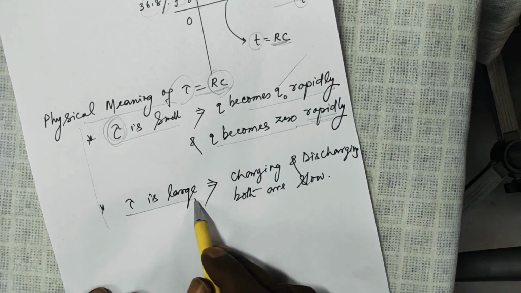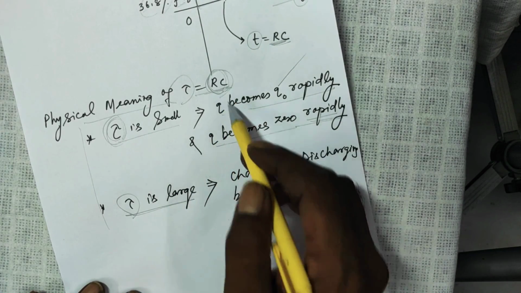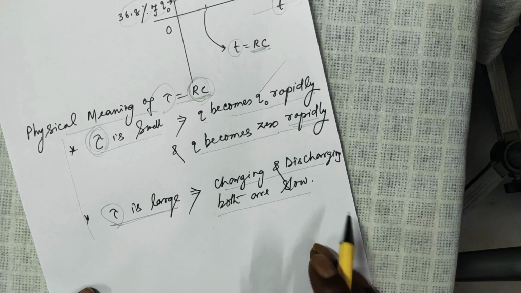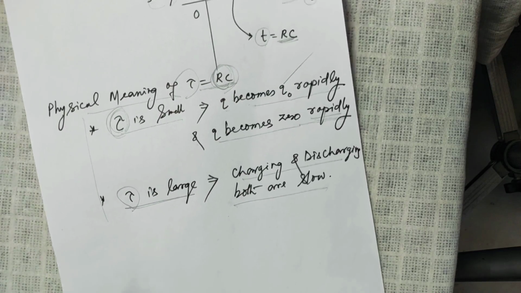Similarly, if tau, the time constant RC in the circuit, is large, charging and discharging both are slow. It will take more time to reach the maximum charge Q naught, and more and more time to reduce the charge to 0. So that is the physical meaning.